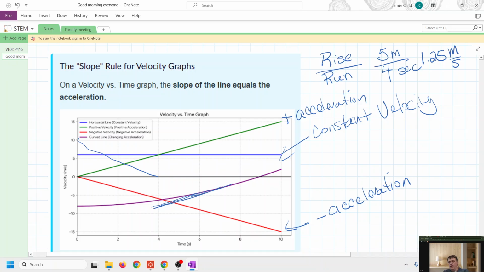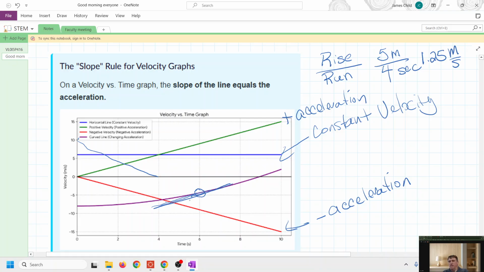So a tangent line is just touching. I'm going to draw a line that's just touching, and then I calculate my rise over run, and that tells me for that specific spot where that just touches, that slope right there. And that's how I would calculate the slope at that instant in time.